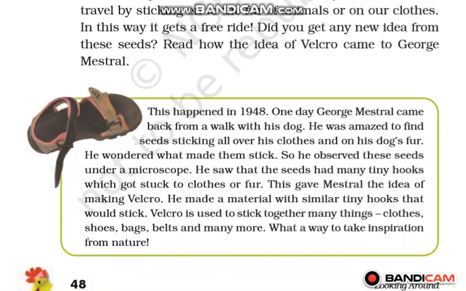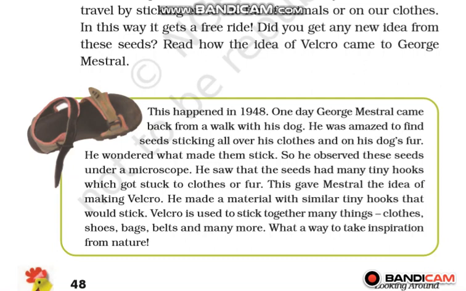One day, George Mestral came back from a walk with his dog, and he saw that some sticking seeds had stuck on his clothes and the dog's fur as well. He wondered what made them stick. So he observed these seeds under a microscope.